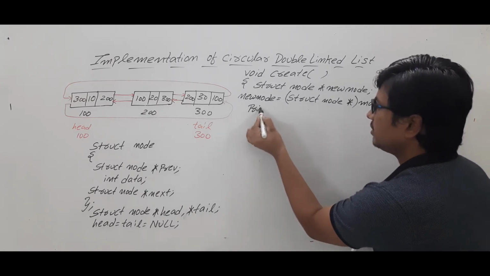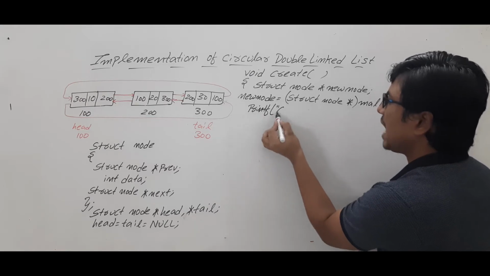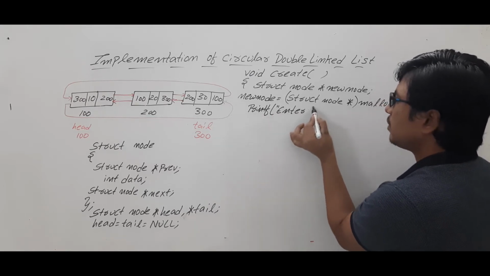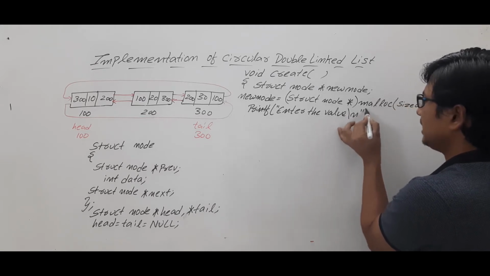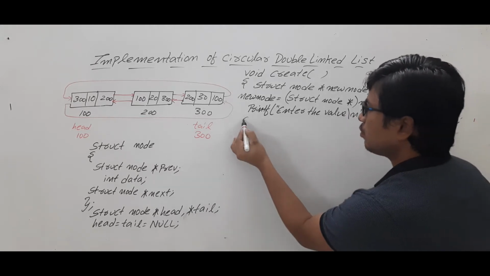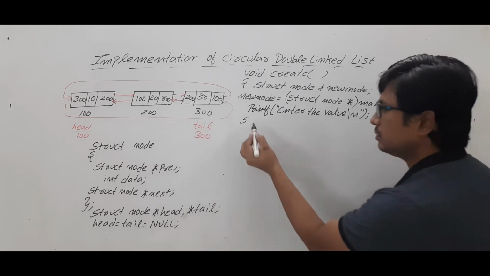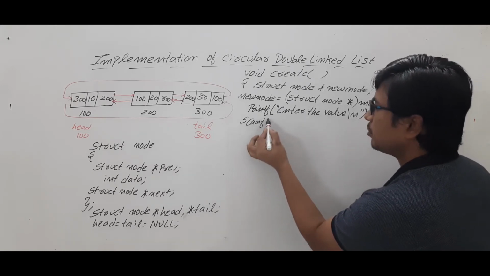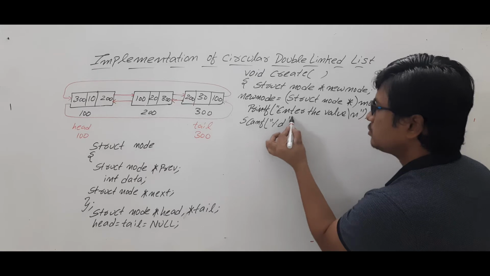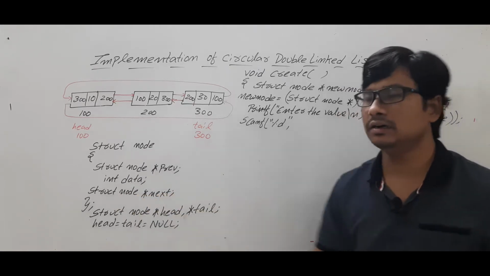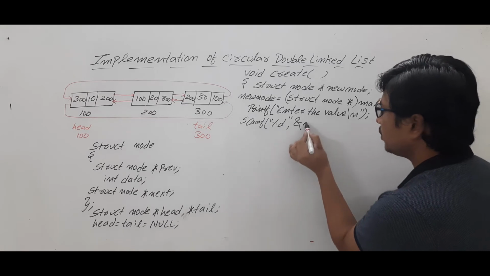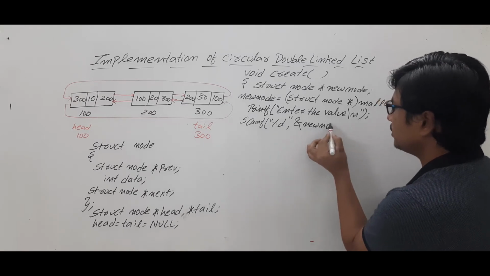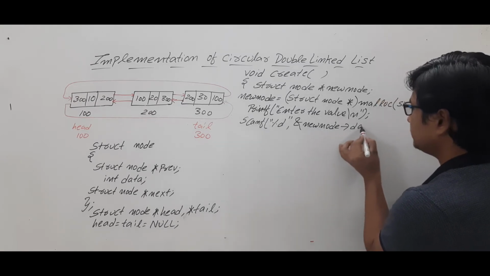Now we need to ask the user to enter the data. So printf enter the value. Whatever the value you want to insert into the node, that value you need to write. Then once the user has entered the value, we need to read it with the help of the scanf function. As we are entering data, I'm using the format specifier %d, and where I want to store it: new node of data.